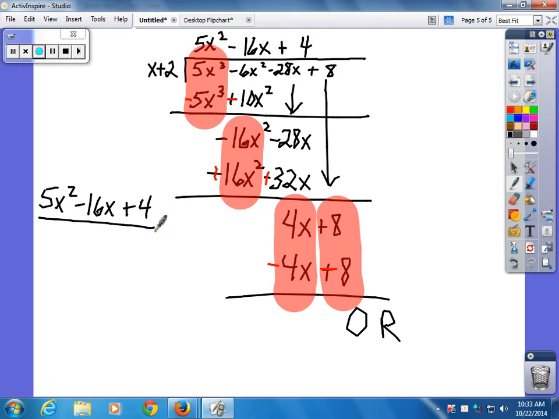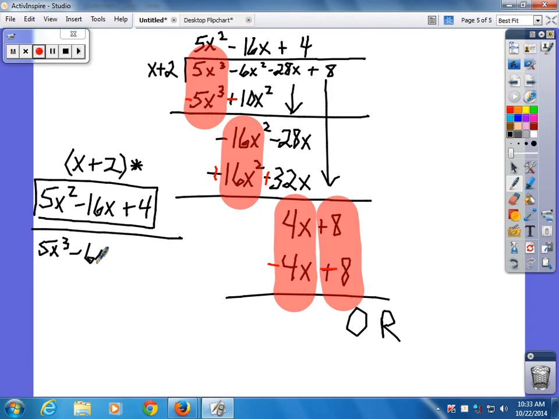So, technically, this is an even factor. If you take x plus 2 and multiply it by this guy, you're going to get 5x cubed minus 6x squared minus 28x plus 8. In other words, it's an even factor. It doesn't have a remainder. Just like 2 times 3 is 6.